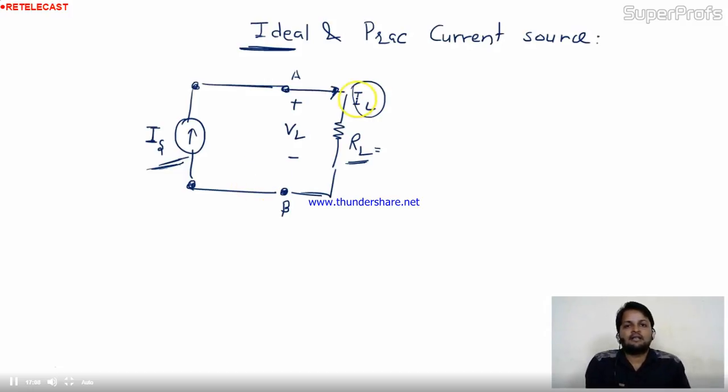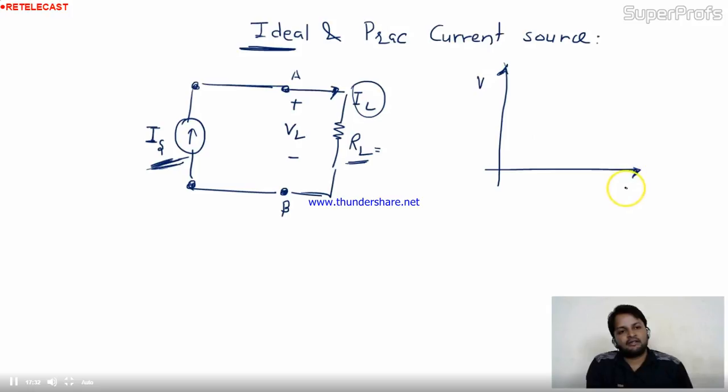In the ideal voltage source, the voltage was the same, whatever current you are taking from the circuit. Here, whatever VL you take from the circuit, the value of input current will not change. If you draw the characteristics, whatever voltage you take, the value of current will be the same always.